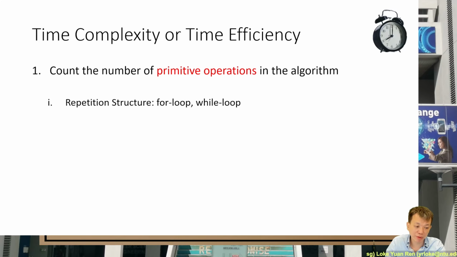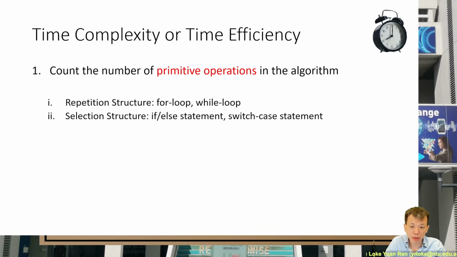For example, if you have a repetition structure, that means a for loop or while loop, of course if your problem size increases, the number of iterations will also increase. That will affect the number of primitive operations a lot. So that is what we are concerned about.